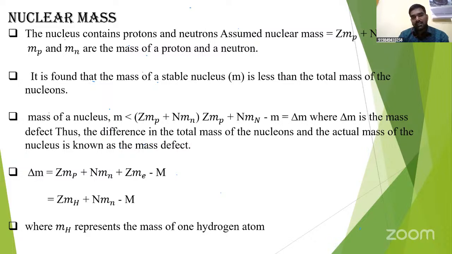Due to that energy, there will be a defect in the mass. That mass is called the mass defect, and the mass is converted into energy, given by delta m c square. The next slides we will see.